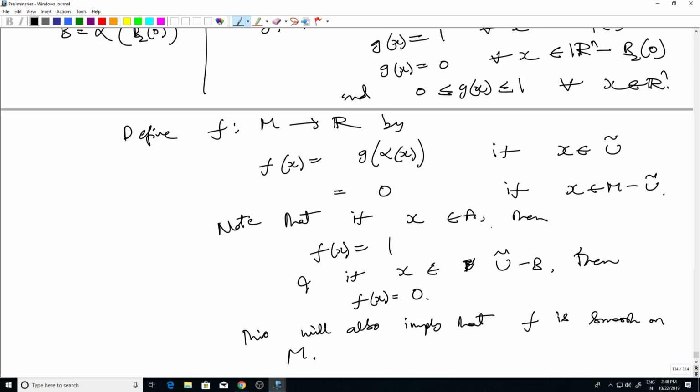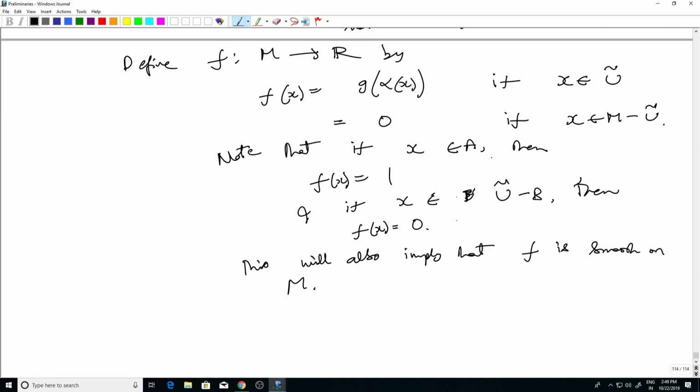So here, to be very precise, I would want to define it as if x belongs to this, and if x belongs to M minus this U tilde. Right, no, this is fine. However, when checking smoothness, one will have to segregate into two cases.